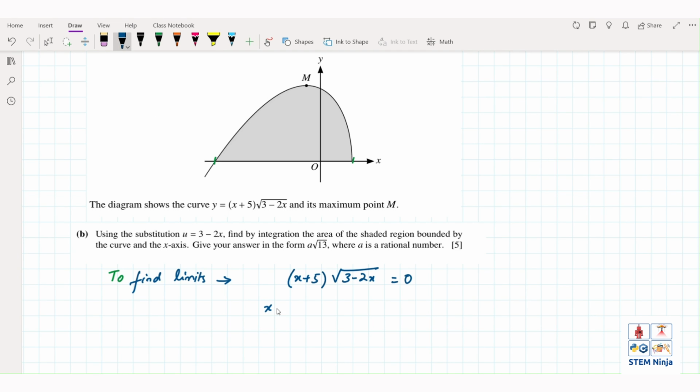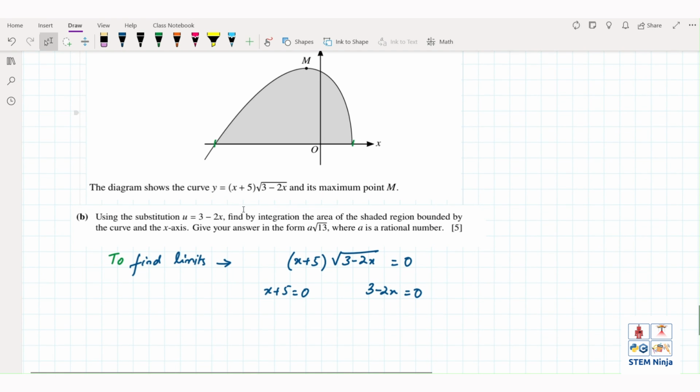So we will either get x plus 5 equal to 0 or 3 minus 2x equal to 0. So the root doesn't matter because the other side is 0. So either x is minus 5 or x is 3 over 2.